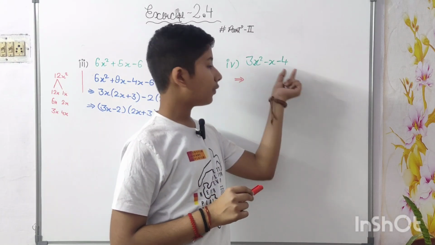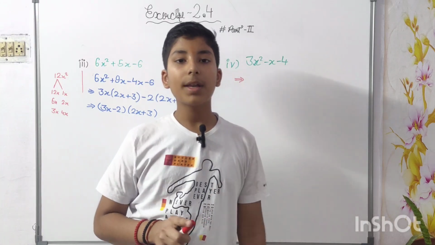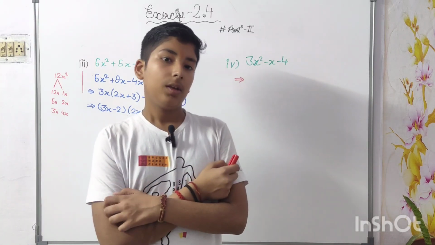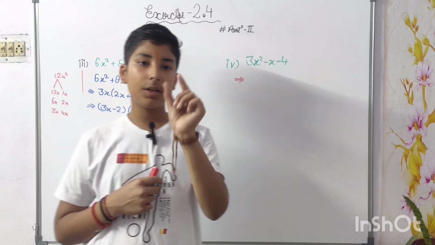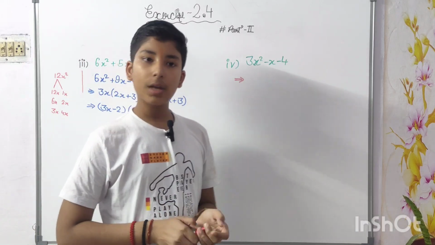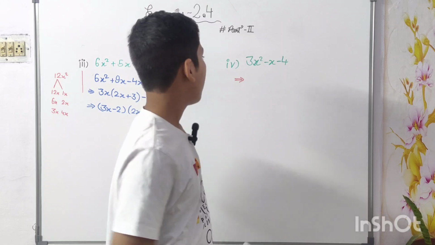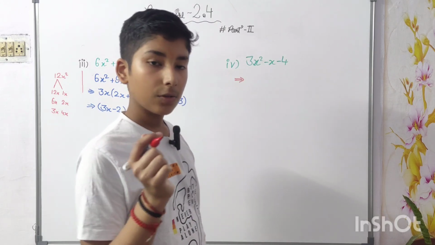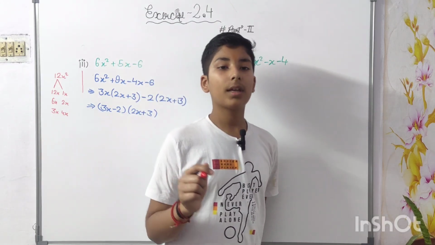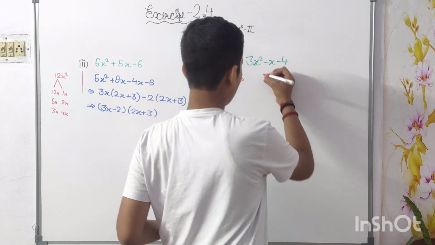Now 3 into 4 is 12. So what are the factors of 12? We can write it as 3 into 4, where 4x is bigger, 4x is negative and 3x is positive.